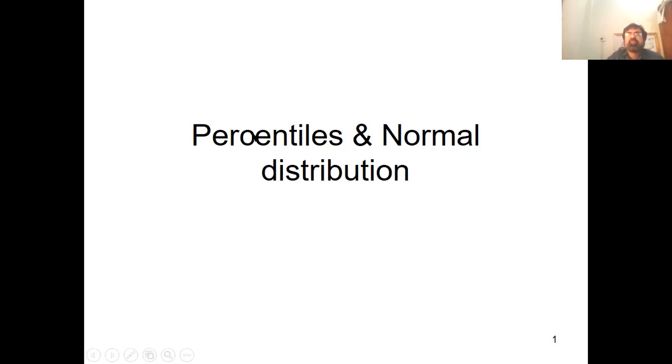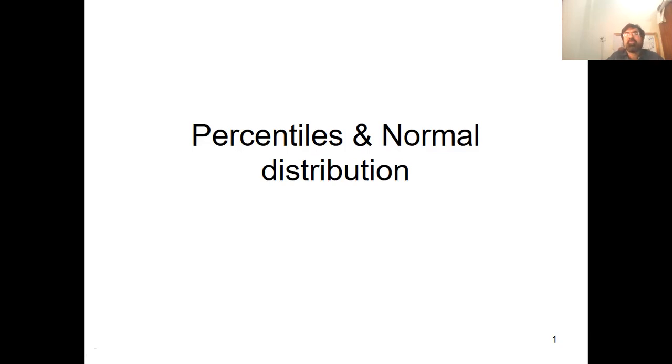And it tells you the position where a person stands. For example, if a student takes a test of ETEA or any other NTS test and his score is 70 or 75, what will be his or her percentile?